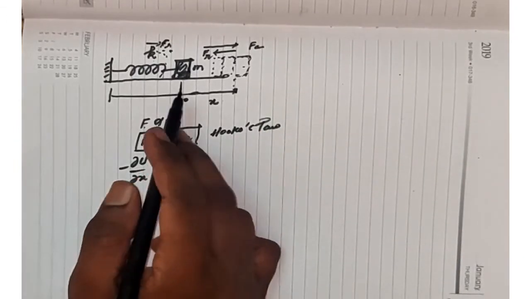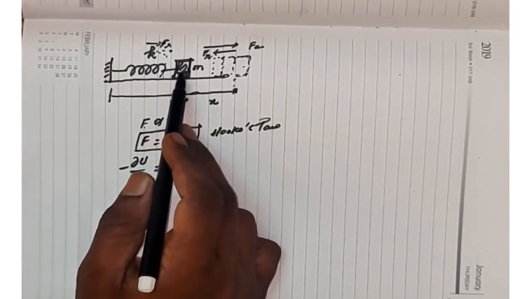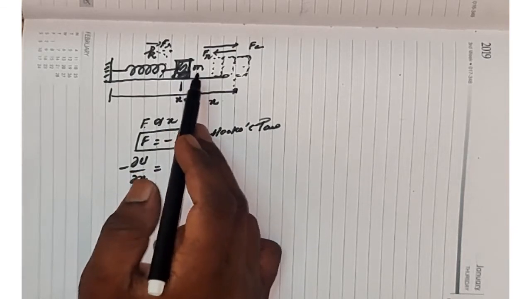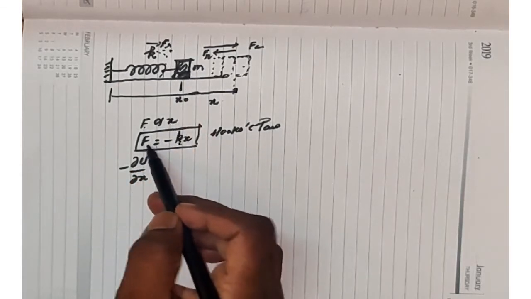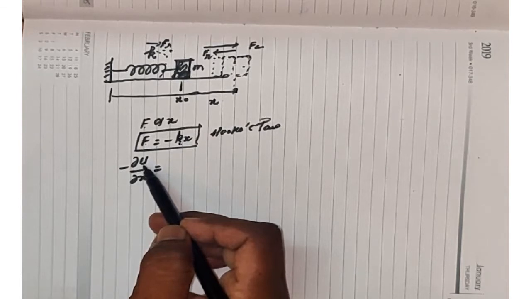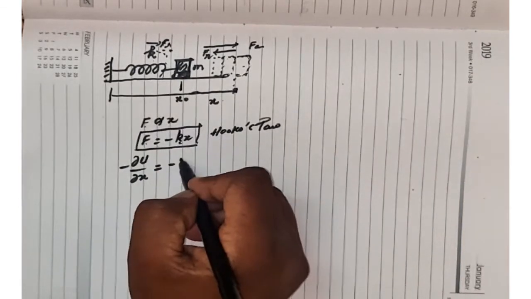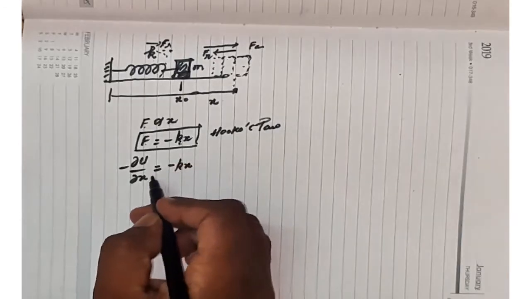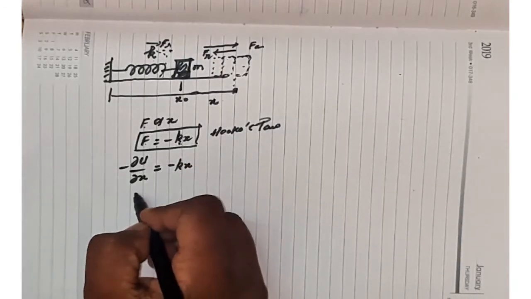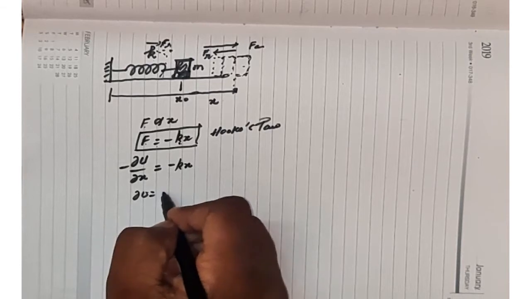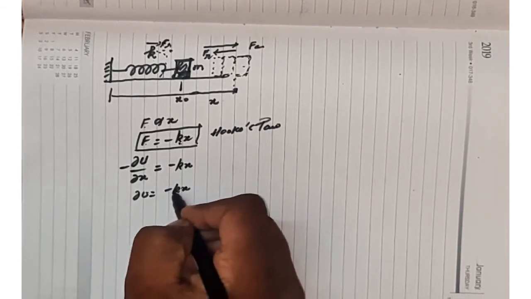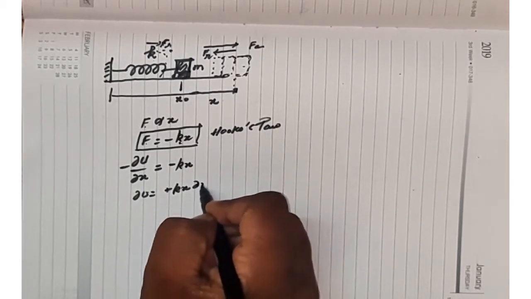For finding the potential energy and kinetic energy, it will be simple. For finding the potential energy from the force, we use the classical expression: the force is equal to the negative gradient of the potential, which equals minus kx. Removing the minus on both sides, dou u equals k x dou x.